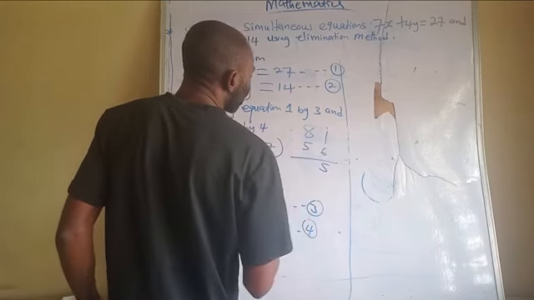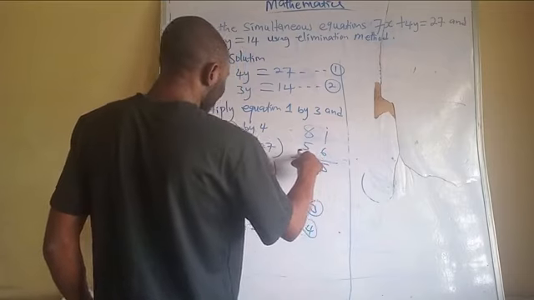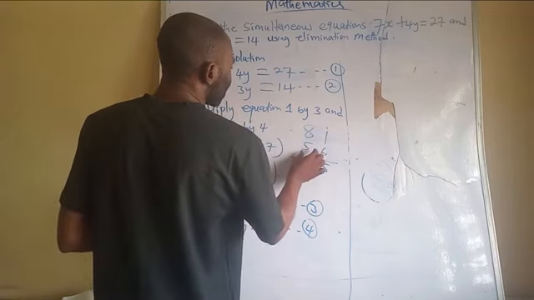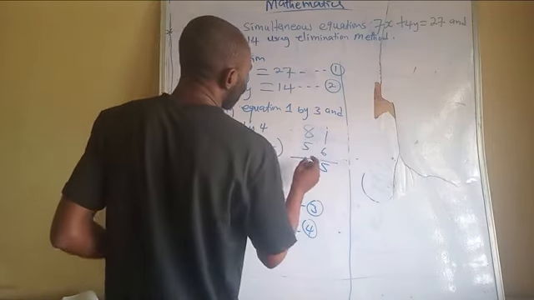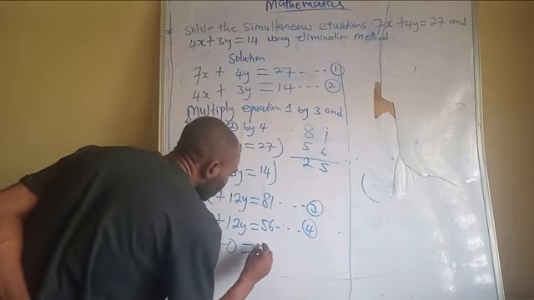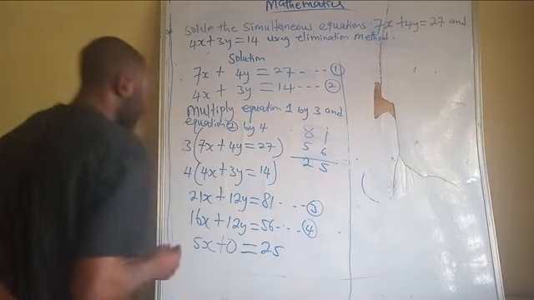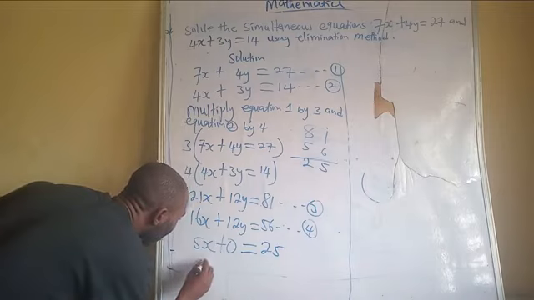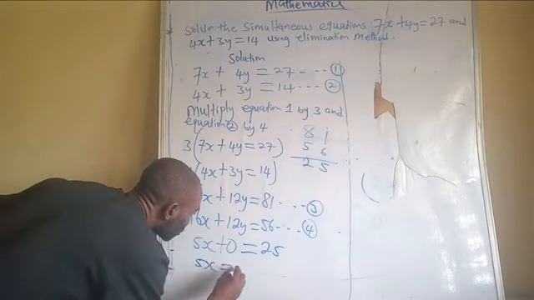This is 5. And here too, we remain 7. And 5 minus 7 will give us 2. So here will give us 25. So with this, we have 5x is equal to 25.